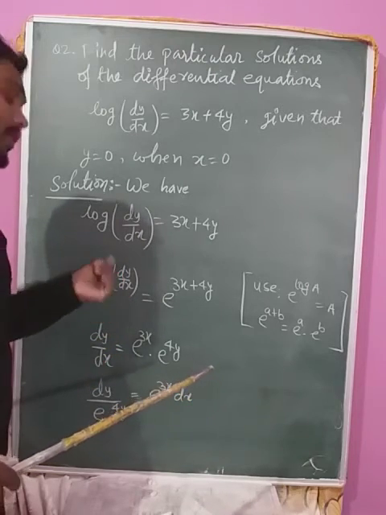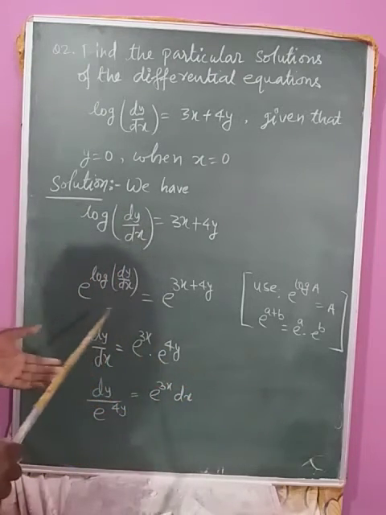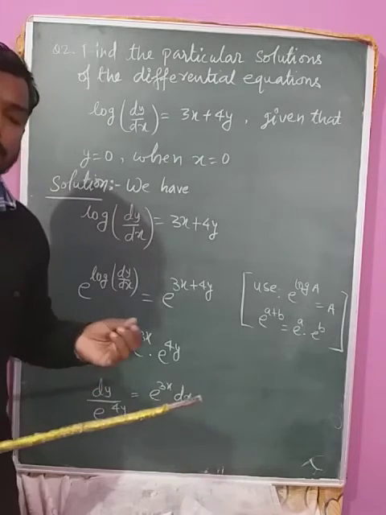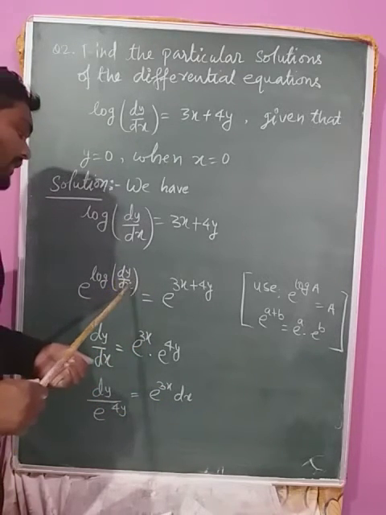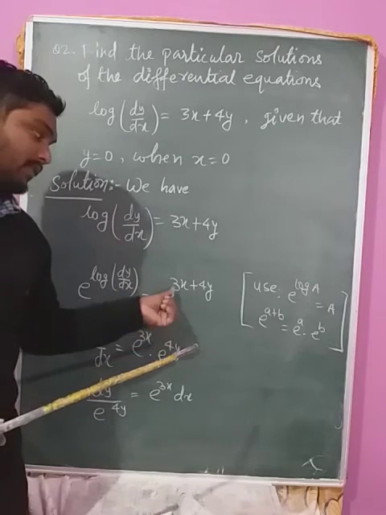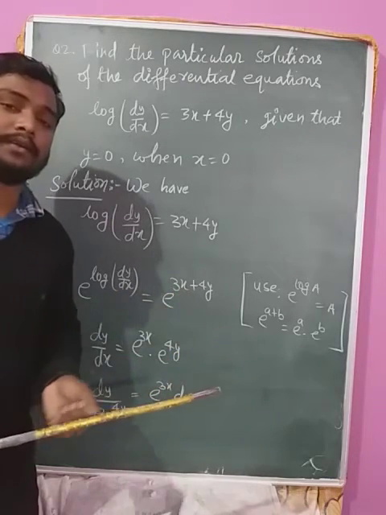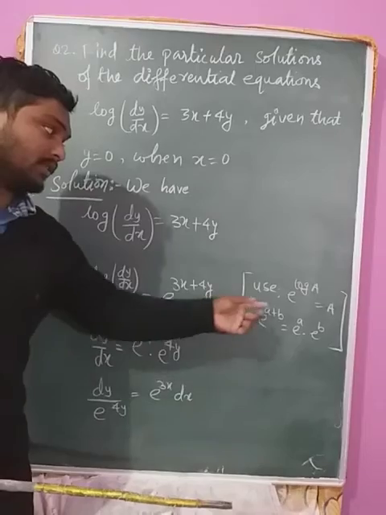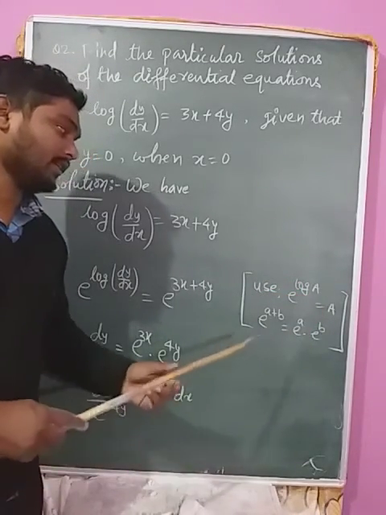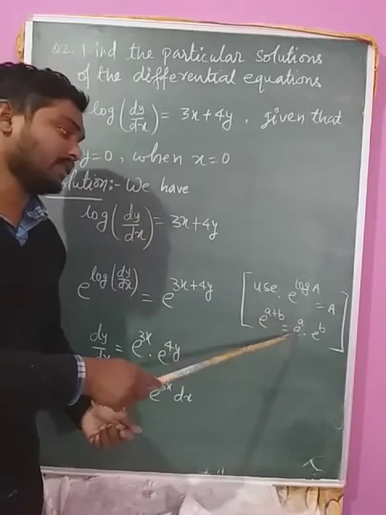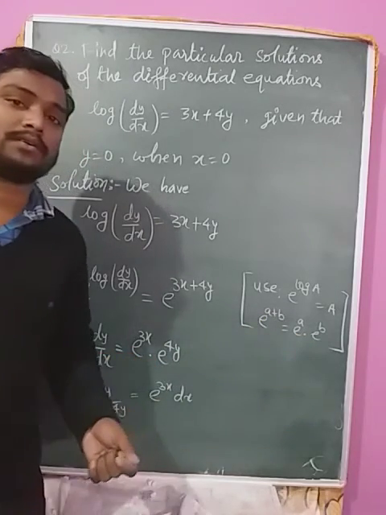To remove the log, we take the exponential on both sides. So e to power log of dy by dx equal to e to power 3x plus 4y. We use some results: e to power log a equal to a, and e to power a plus b equal to e to power a into e to power b.